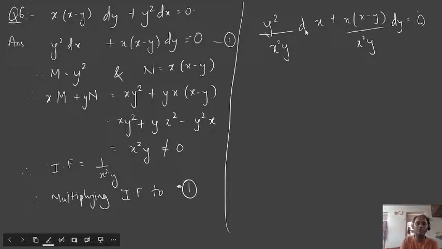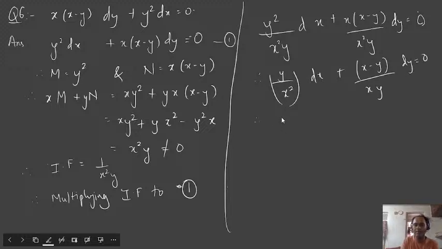Now when you have this, therefore you have y over x square dx, and here you have x minus y over xy dy equals 0.